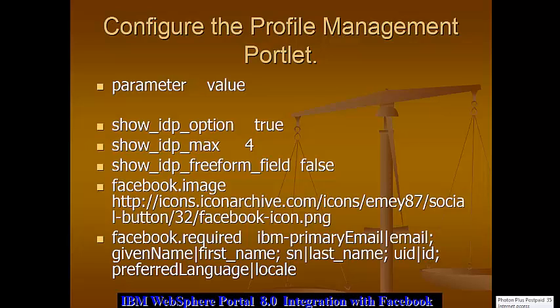Similarly for the profile management portlet: show IDP option true, show IDP max is 4, show IDP freedom field false, Facebook image, and Facebook.required, ibm.primary.email. This information we have to add as portlet preferences using administration control. Let's see how to add these values in IBM WebSphere Portal using administration control.